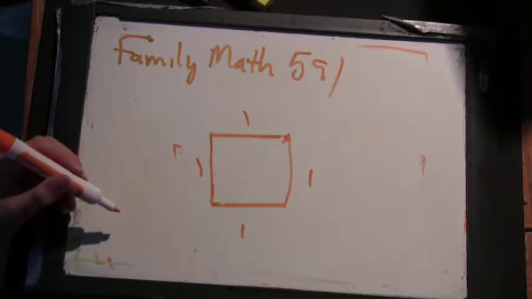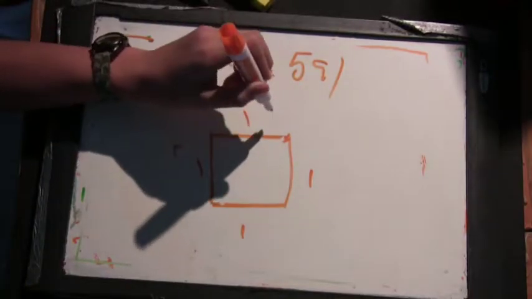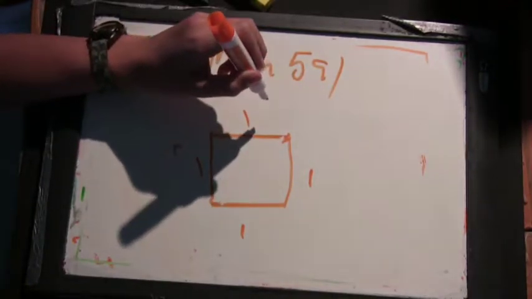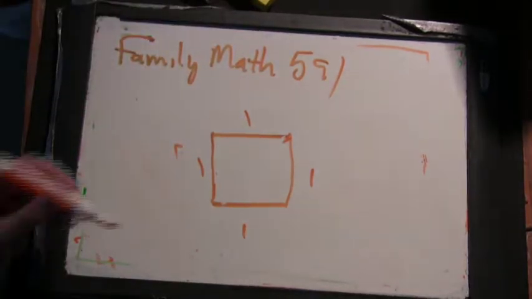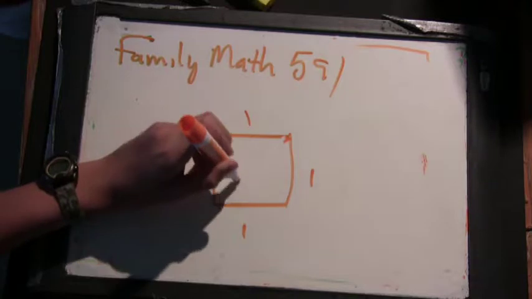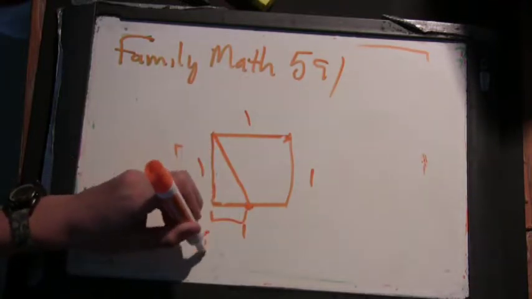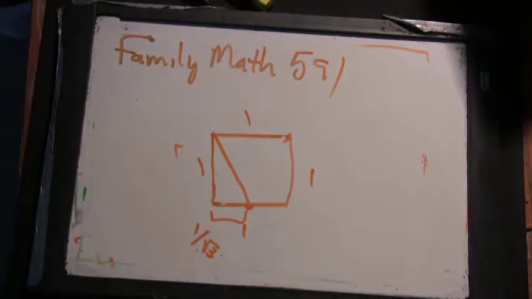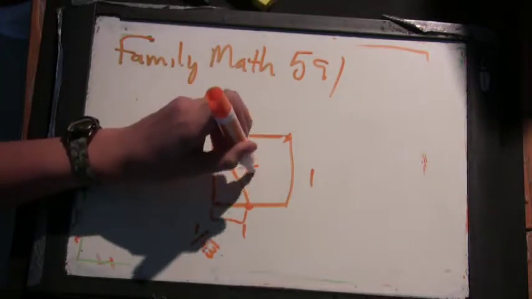Well, so I'm going to have to cut this square at some point. Somewhere. So this side length is 1 over square root of 3. And then 1, and then this is 2.